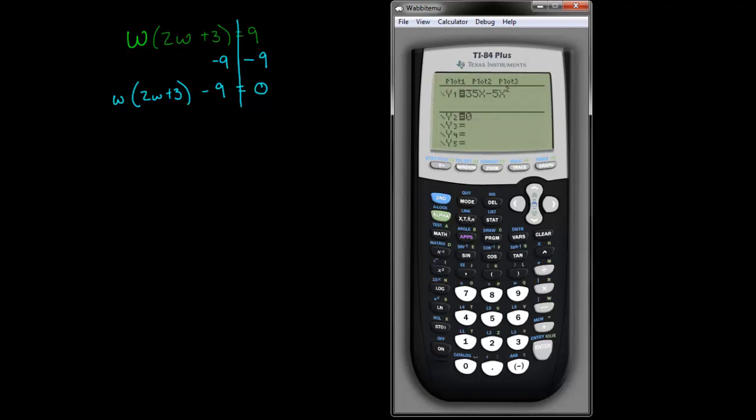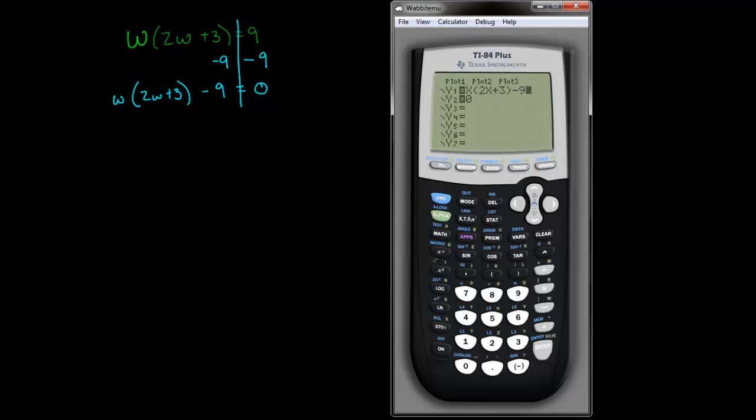I'll need to go through here and clear out from my previous clear. Now I'm going to go ahead and leave y2 equal to 0 because this is y2 on this side. y1 equals x, oh, I'm sorry, there's an x, parentheses, 2x plus 3. Close the parentheses and then minus 9.